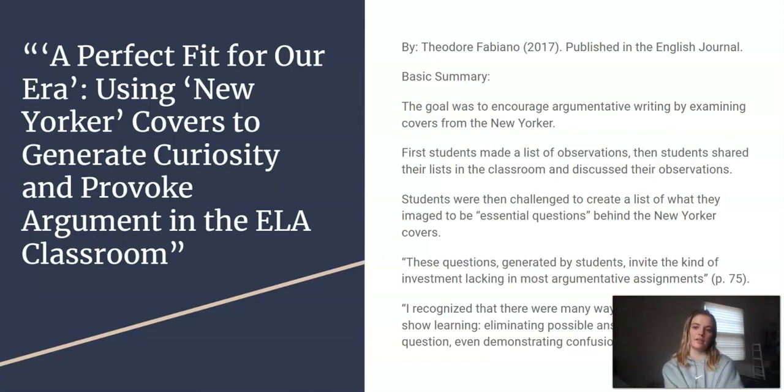Students were then challenged to create a list of what they imagined to be essential questions behind the cover. So these ranged anywhere from why is it blue to what made them highlight the contrast between brick and cement. So multi-level questions that they could then answer in their writing.